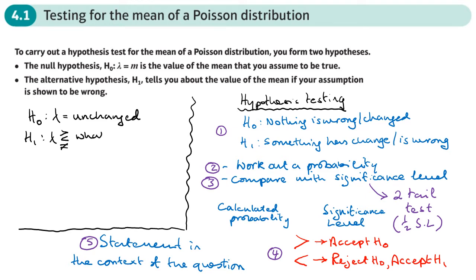And you know that if this is not equal to, that's going to be a two-tailed test, and there's some stuff mentioned at the bottom there about what we do to the significance level with a two-tailed test. So H0 is always going to be the mean hasn't changed from what we expect it to be. H1 is always going to be the mean is either greater or less than or not equal to what we expect it to be, and we'll find that information in the question.